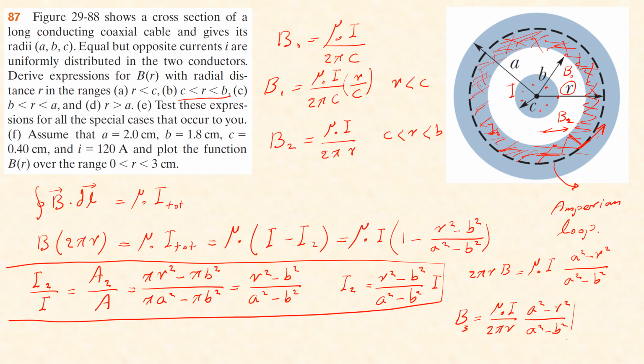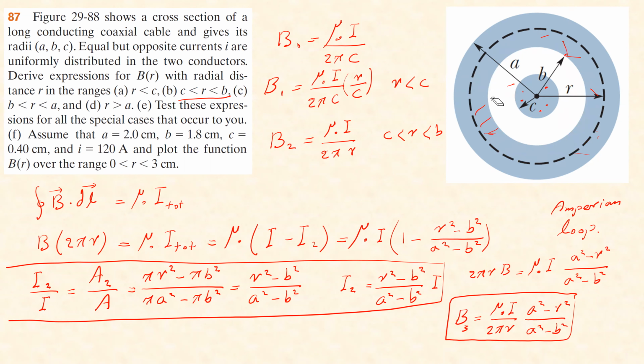And then if you consider special cases, for example, what happens if r is equal to b? If r is equal to b, means you are at the inner surface of the outer shell. Let me clean up here. If r is equal to b, what happens?